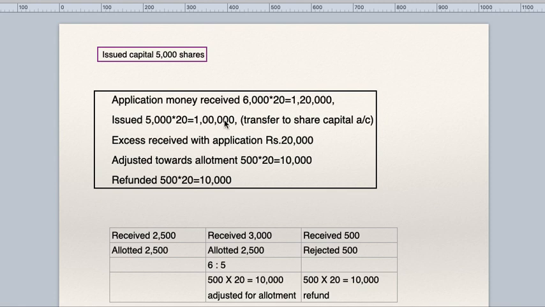Only 5,000 into 20, 1 lakh should get transferred to share capital account because issued capital is 5,000. So 1,20,000 minus 1 lakh is 20,000, excess received with application. How is it to be adjusted?